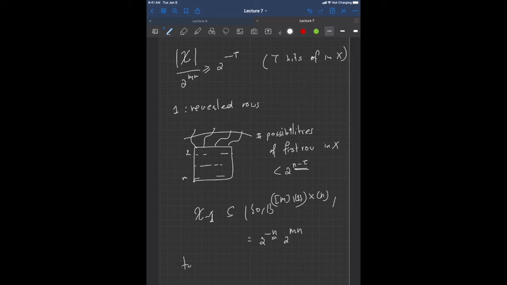So your total gain: the loss is n minus tau, plus the gain by going into a smaller universe, which is plus n. So the n and n cancel out. That's like tau bits of information. So this says that you have accounted for tau bits of information outside the rows. And this is what the invariant is saying.